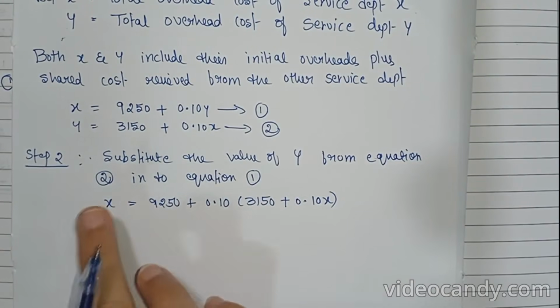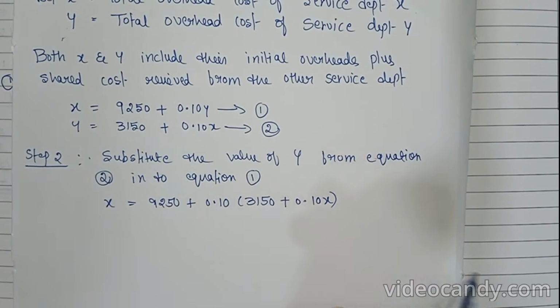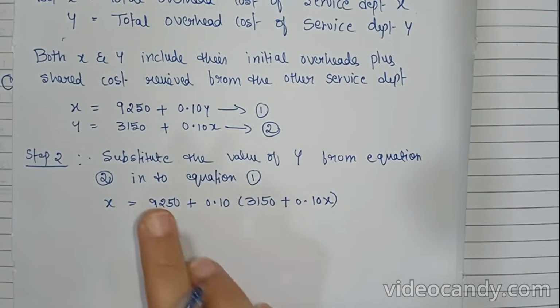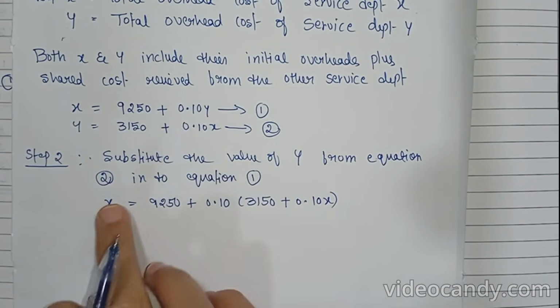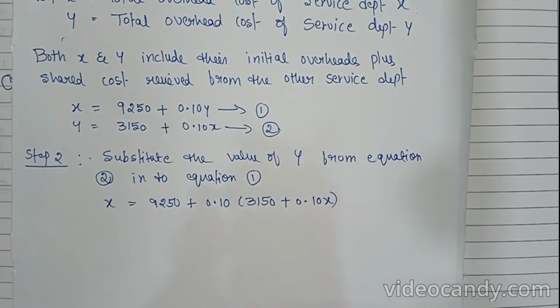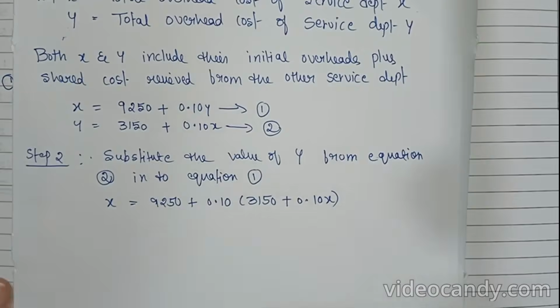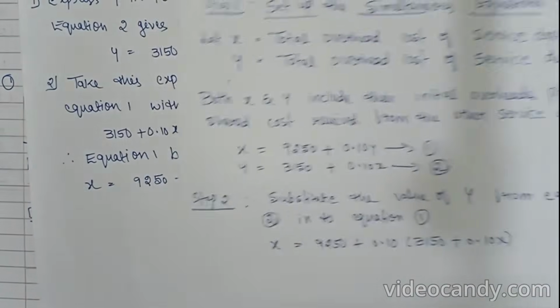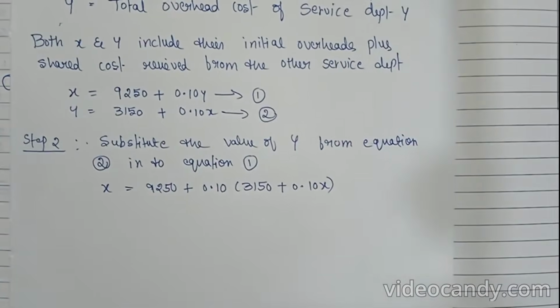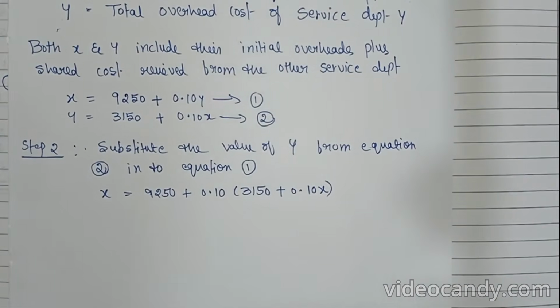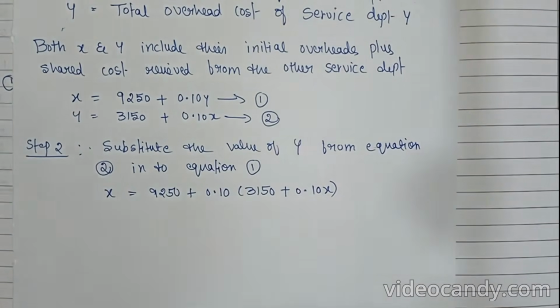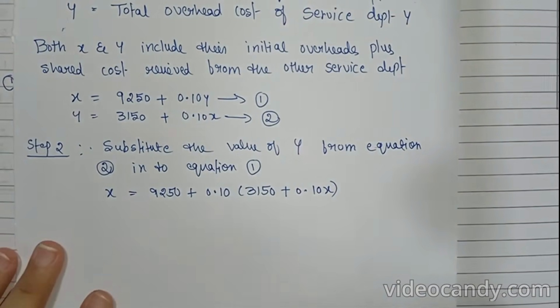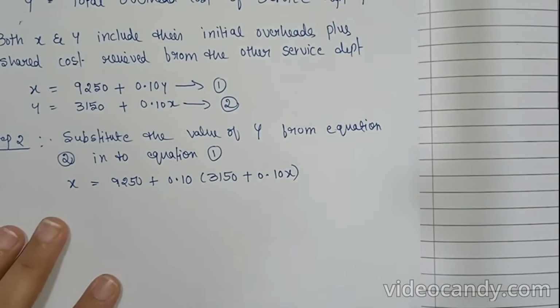Now equation 1 only has x as its variable, right? So it's easy to solve for x now. Now we need to solve the equations. Clear? I hope this is clear to you all. Yes. Now let's solve the equation.